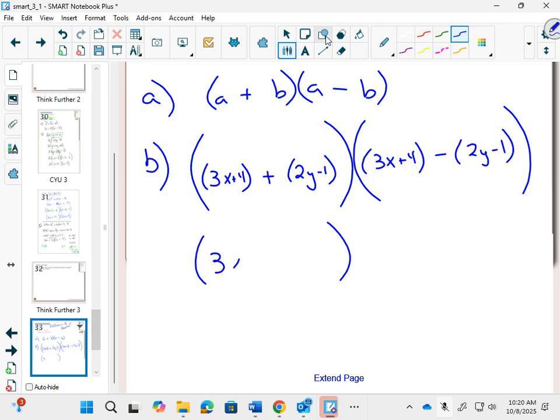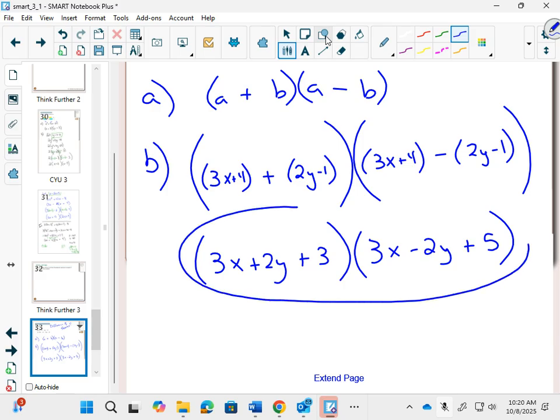I'm going to have 3x, I'm going to have the plus 2y, but the 4 and the minus 1 could be combined to be plus 3. And the second one, I have a 3x, I have a minus 2y, and the 4 minus a negative 1 will be plus 5. There is my final answer.